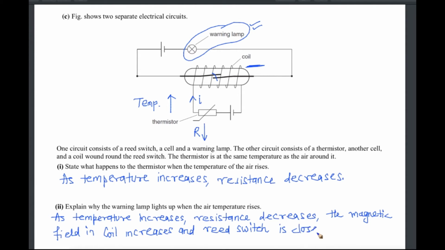Now if the reed switch is closed, current will start flowing in the primary circuit. By this, the warning lamp will start glowing.